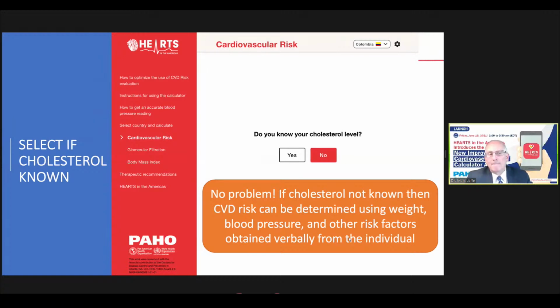So if you have a scale to measure weight, and a tape measure to measure height, and a blood pressure cuff, automated and validated, of course, as we heard from our Peruvian colleague, Dr. Hanko. If you have that, then you can go ahead with the risk calculator, which is, I think, really terrific for places where access to labs may be a barrier. So let's go to the next slide.